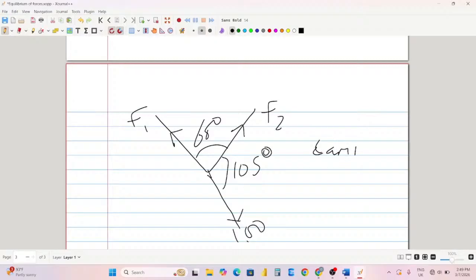So this is what I was talking about, that Lami's theorem works as long as you're dealing with three forces acting in different directions to stabilize a particular object or to maintain an object at equilibrium. So all you have to do, this is obviously going to be your gamma, because it's the one nearly opposite to the weight of the object acting downward. So 60, 60.